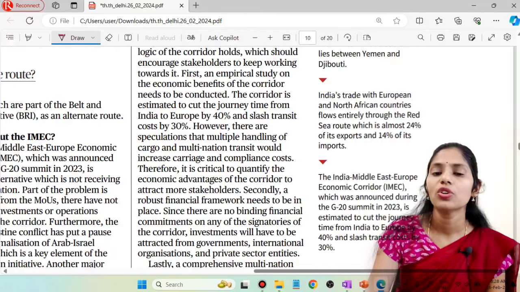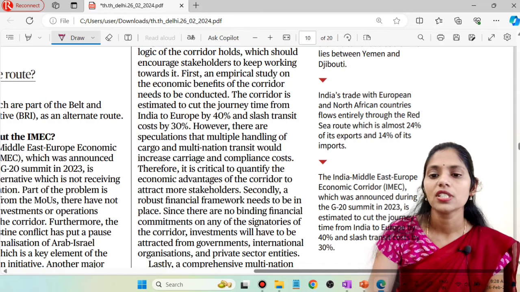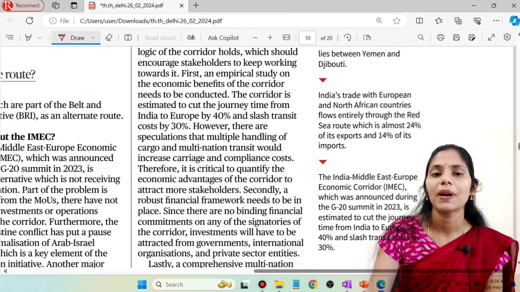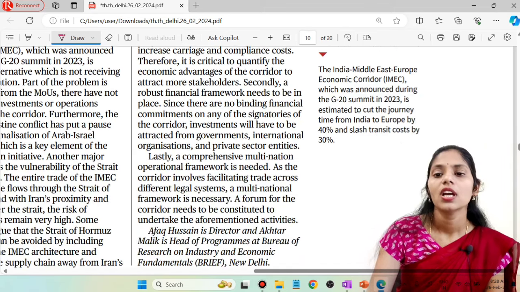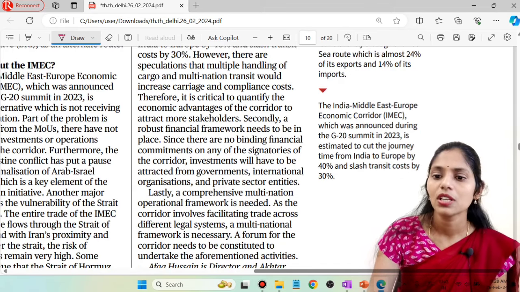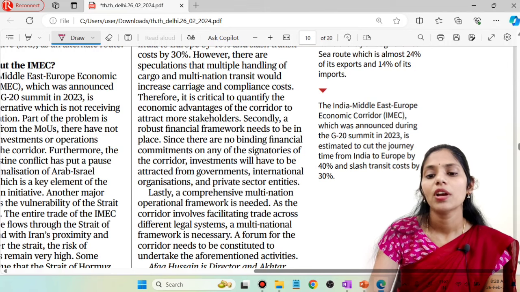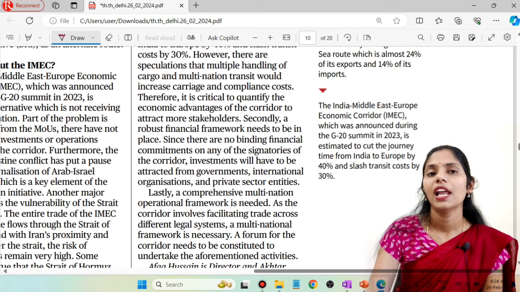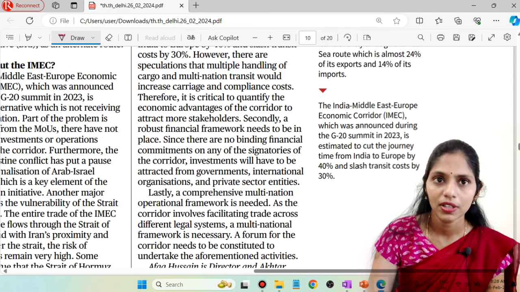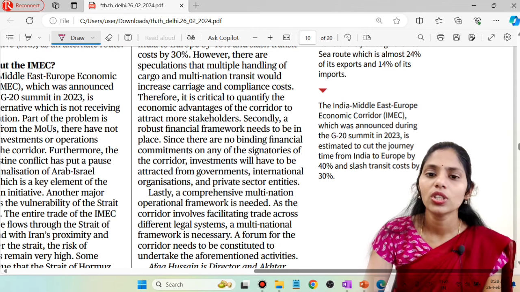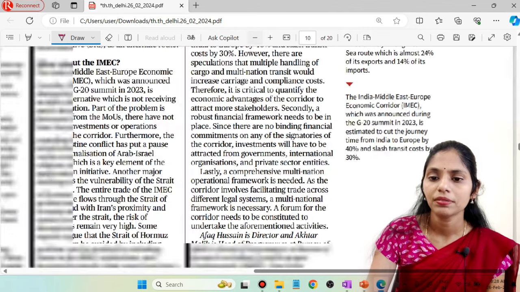India's trade with Europe and North African countries flows through the Red Sea, with around 24% of exports and 14% of imports going through it. And this IMEC, announced at the G20 summit in 2023, is estimated to cut the journey time from India to Europe by 40% and slash transit cost by 30%. So this is about this topic.